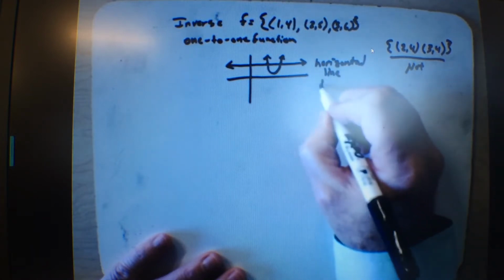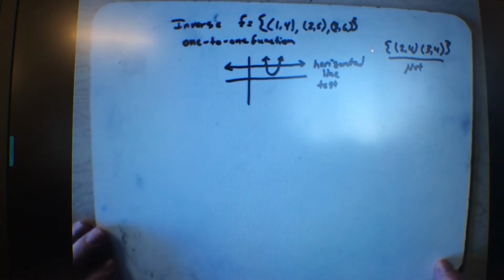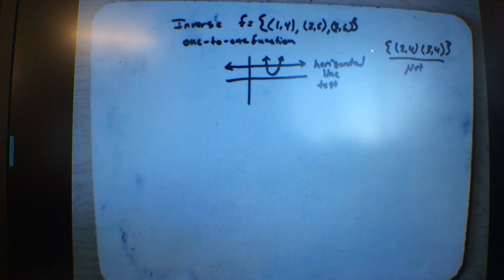You remember that? So we test a function by a vertical line test, and if you can draw a vertical line such that it intersects 2 or more points of a graph, then it's not a function. But the horizontal line test says if you can draw a horizontal line such that it touches 2 or more points on a graph, then it's not a one-to-one function. Do you understand that? Okay.